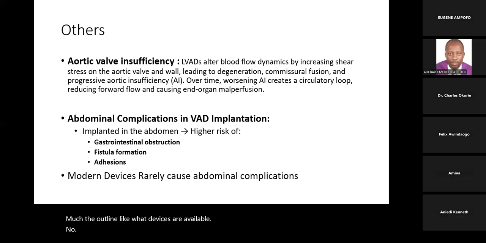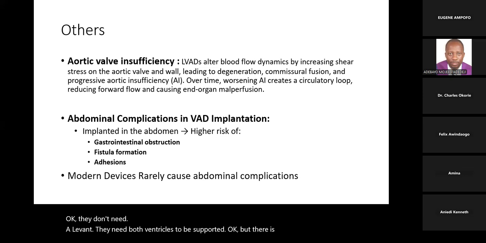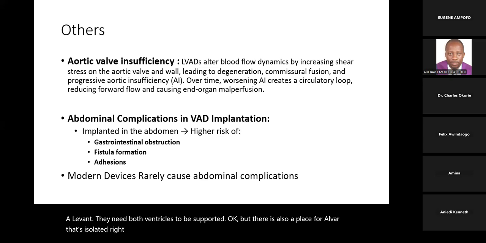What I actually saw was a BIVAD. That's for patients who have LV dysfunction and RV dysfunction, so they need both ventricles to be supported. But there is also a place for RVAD, isolated right ventricular assist devices.